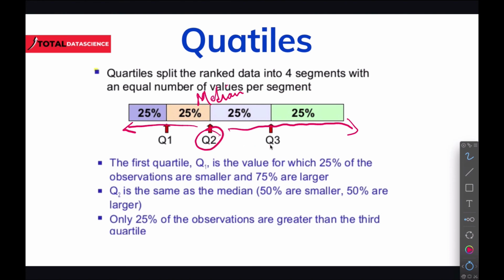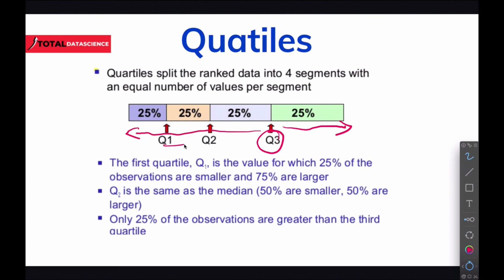Now if you take Q3, what Q3 is saying is that you have only 25% of the data points above your marks, but you did better than 75%.